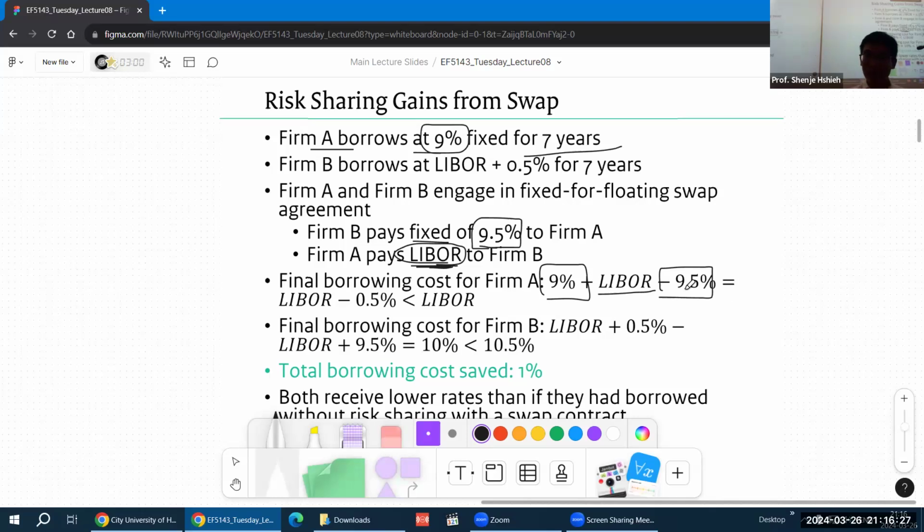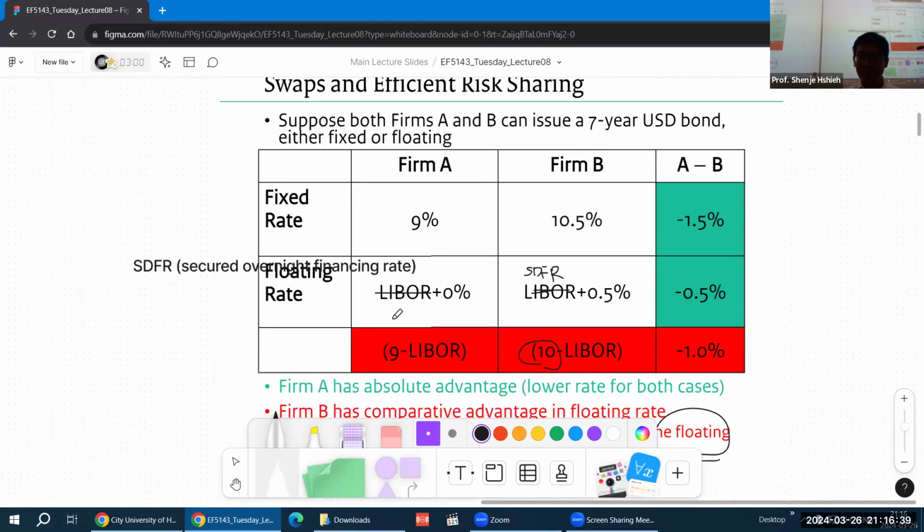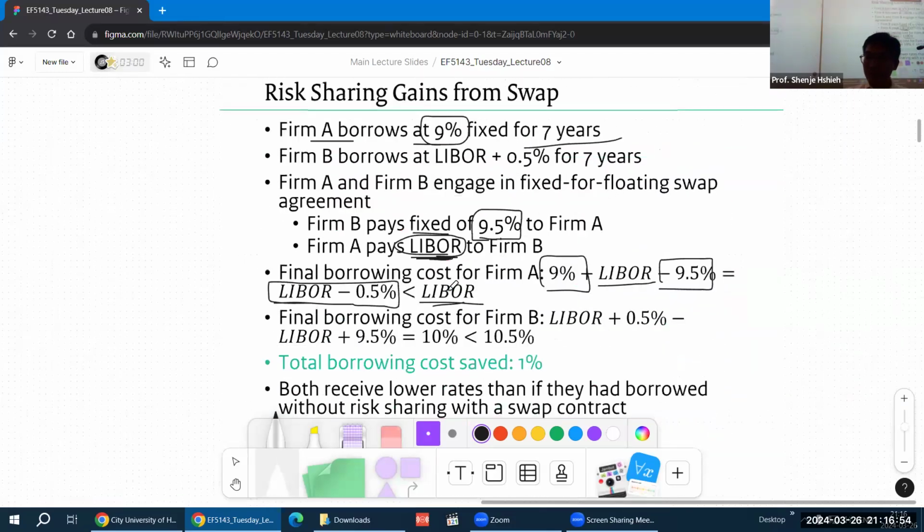So 9% minus 9.5% is, or sorry, a variable rate minus 0.5%, right? Which is less than LIBOR. So if you look at the previous slide, LIBOR minus something is less than just LIBOR. So we found a new space, right? Essentially, a new borrowing space that allows these two firms to lower, at least for firm A, its borrowing cost.